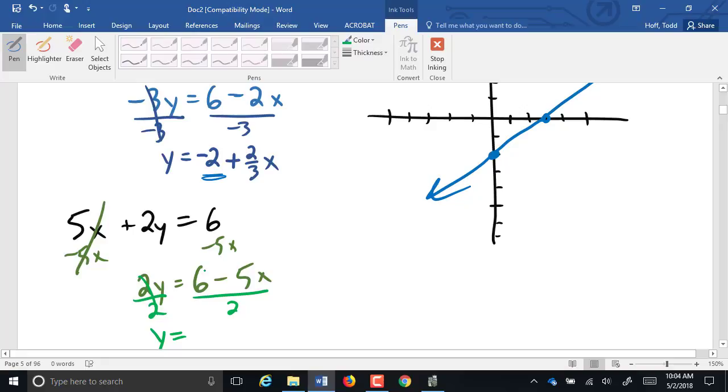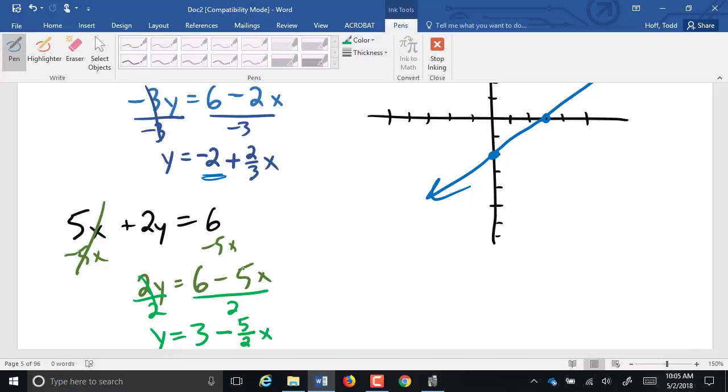We've got y equals 6 divided by 2, which is 3. Negative 5x divided by 2: again, you just put it into a fraction, so it becomes negative 5 over 2 x.